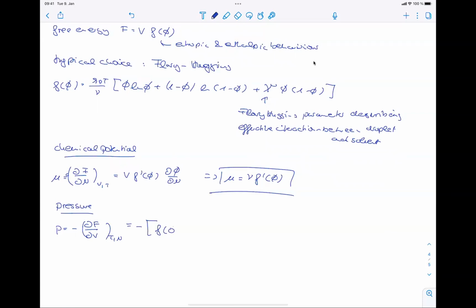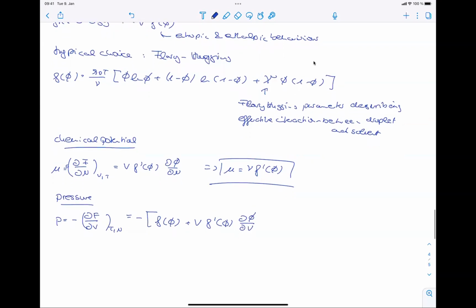So that's phi. That's the first term, and then we have plus V f prime of phi, and d phi dV, which is nothing else but minus nu N over V squared.